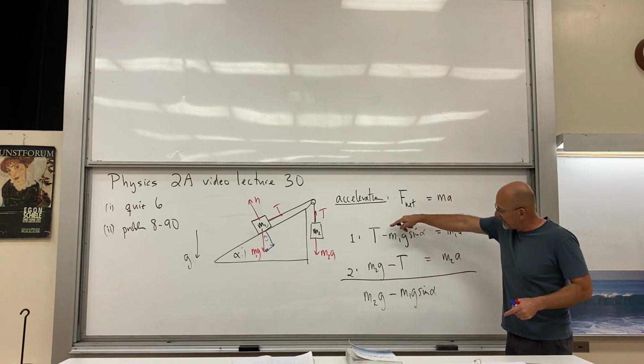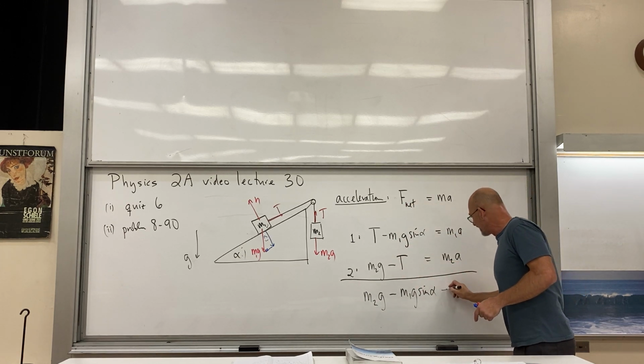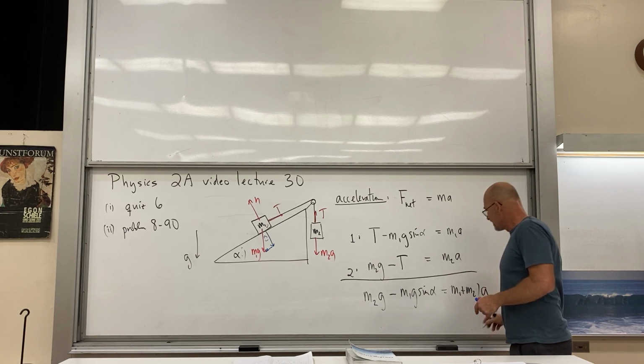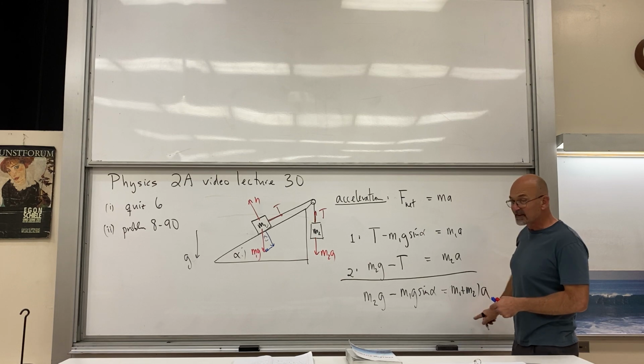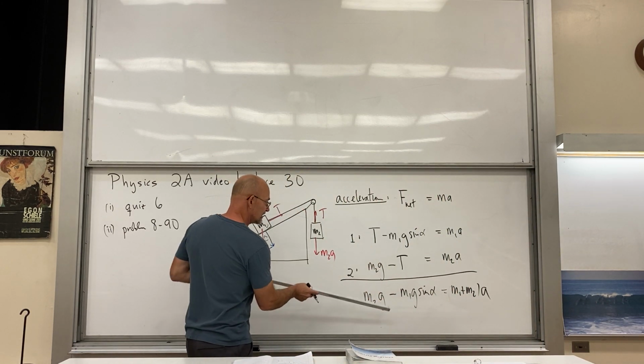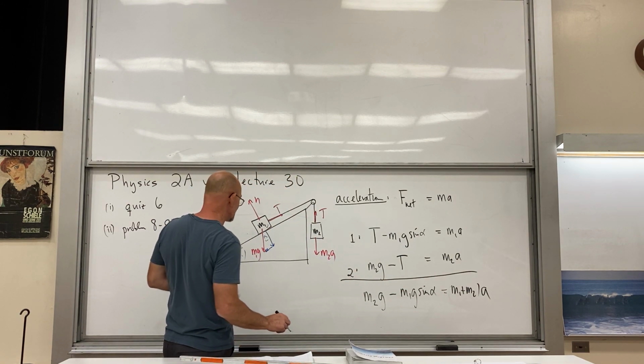That eliminates the tension, T minus T, and on the right side we have the sum of the 2 masses times A. So we can get the acceleration out of this formula. We'll just divide both sides by M1 plus M2.